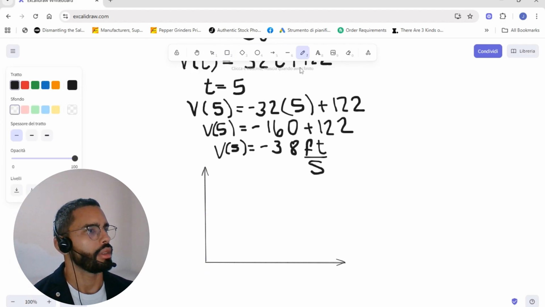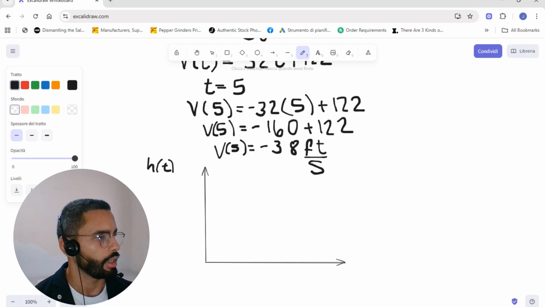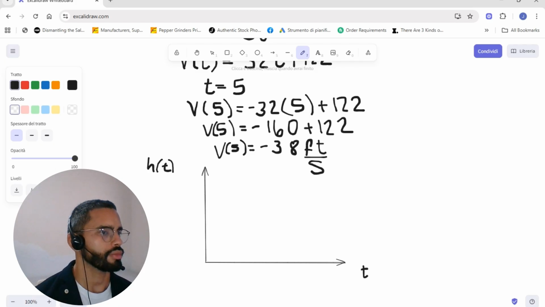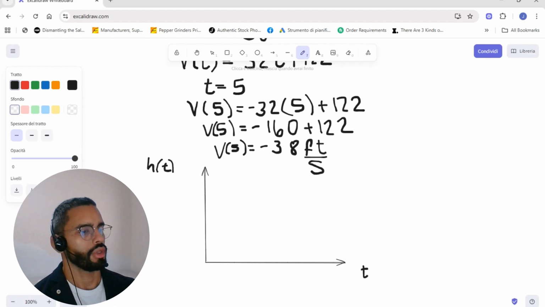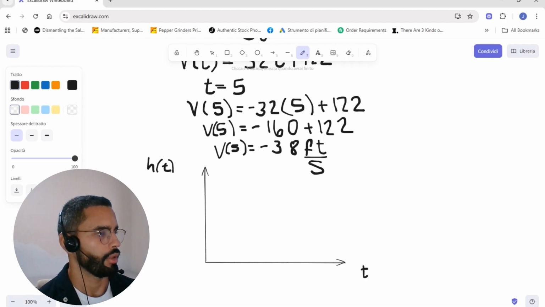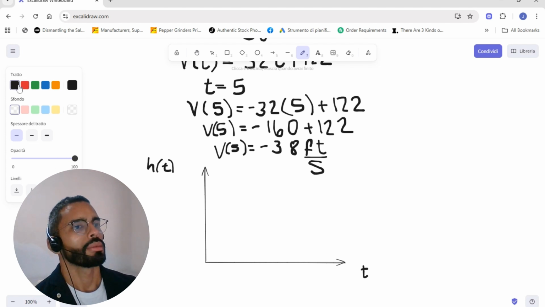We will have height over here and time here. So what would that equation look like on a graph? It would look like a parabola, right? Perfect.